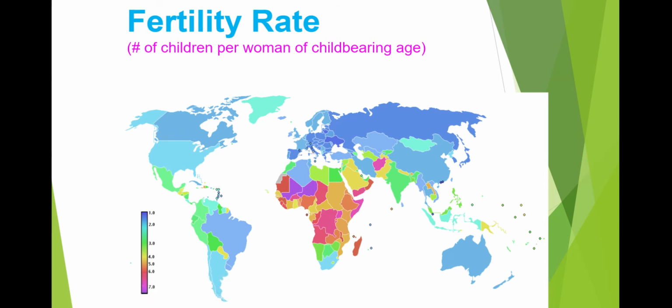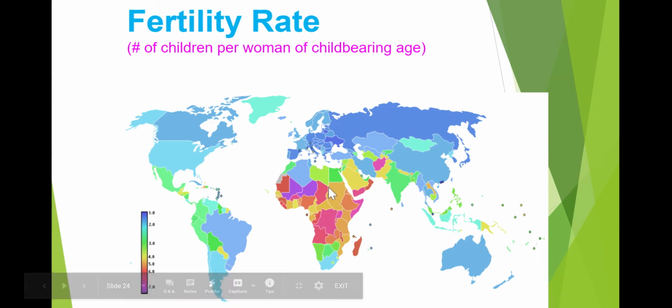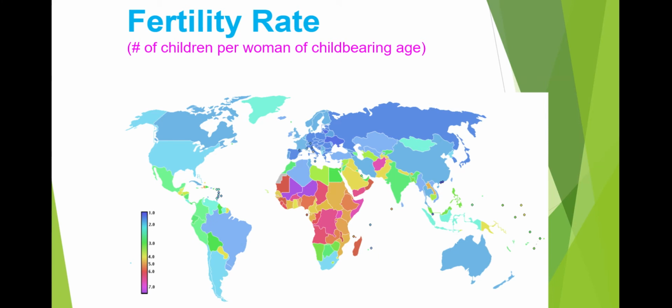Oftentimes these are also places that, when we talk about infant mortality rate, you'll see have high infant mortality rates as well. So choose a country that is in sub-Saharan Africa or otherwise purple or yellow or orange, and they are an example of a country with a high fertility rate.